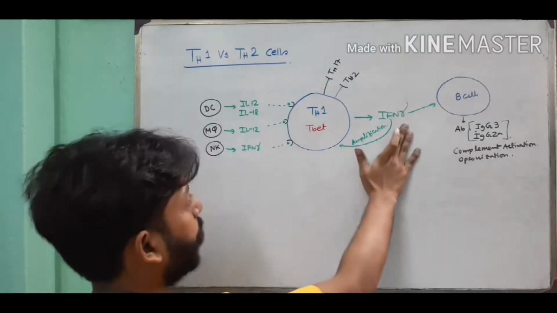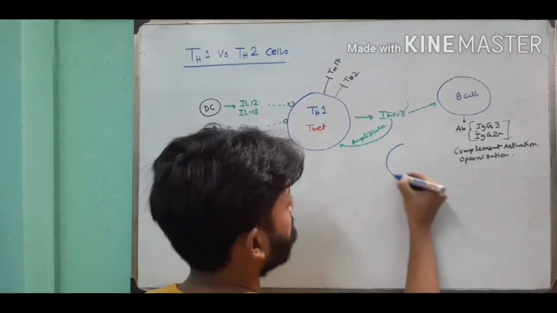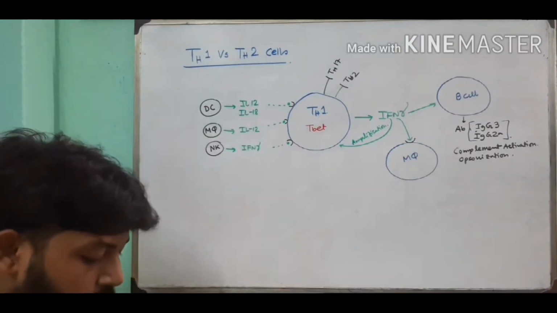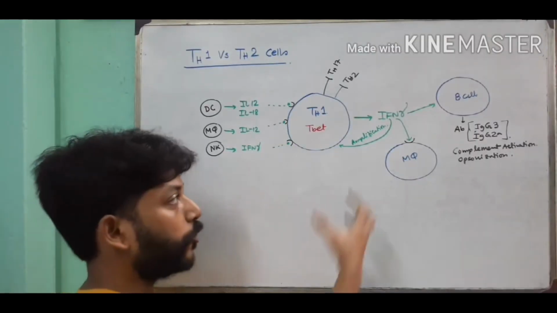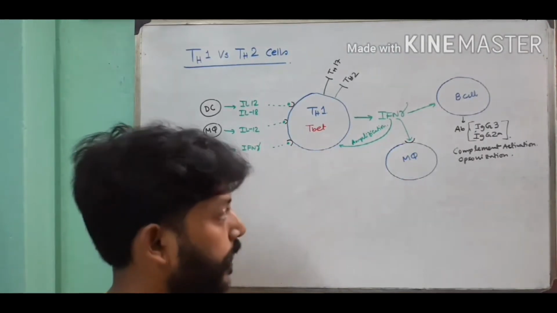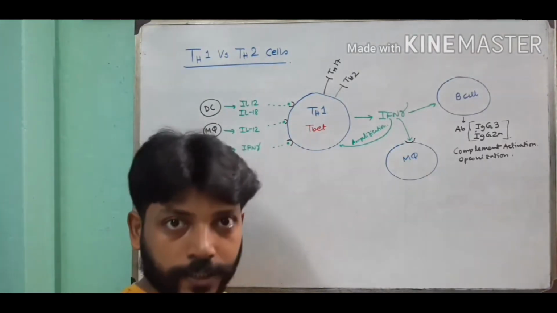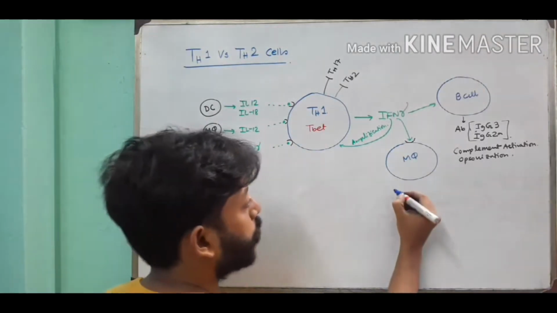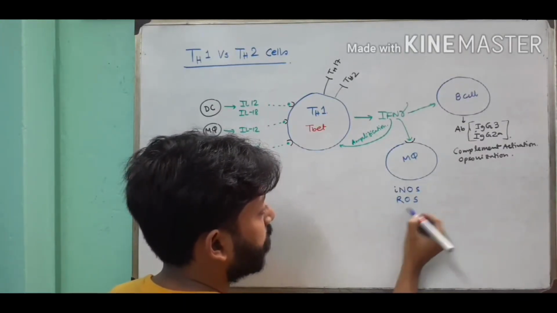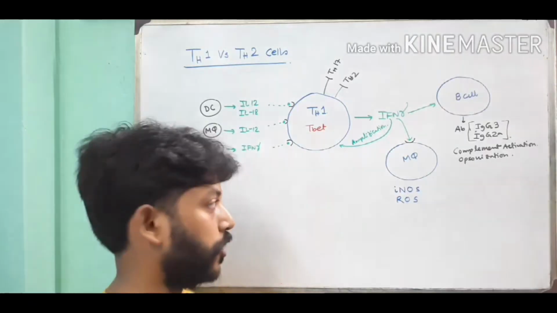This IFN-gamma can also act on macrophages, because macrophages have a receptor for IFN-gamma. When IFN-gamma is received by the macrophage, a very important thing occurs: the macrophage starts to transcribe and translate proteins like iNOS and ROS, reactive oxygen species. iNOS means inducible nitric oxide synthase.